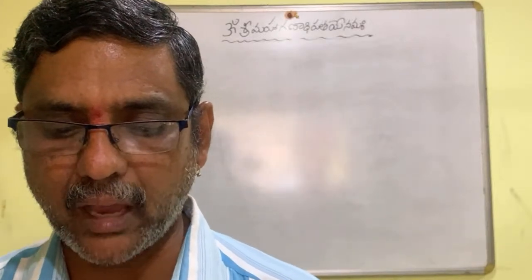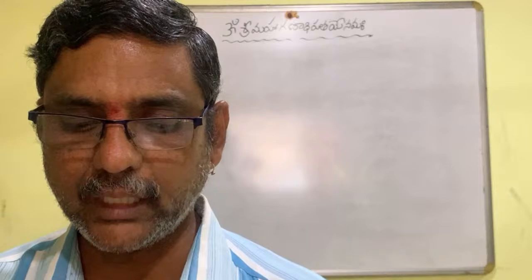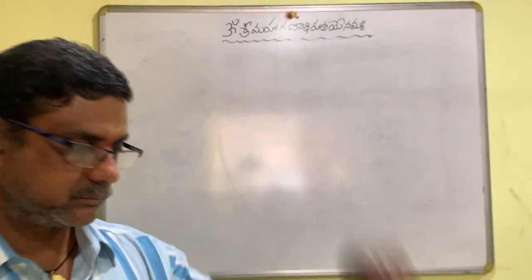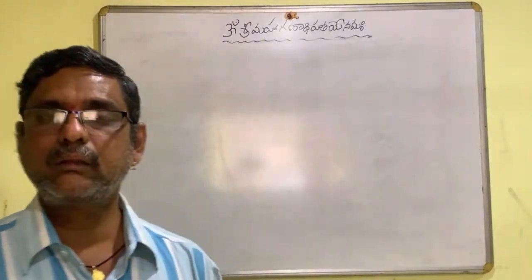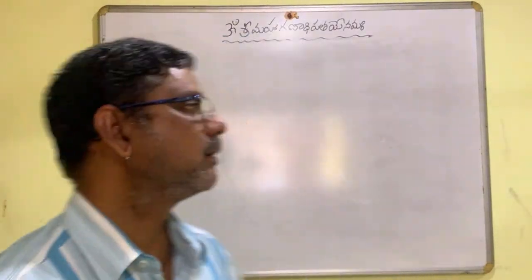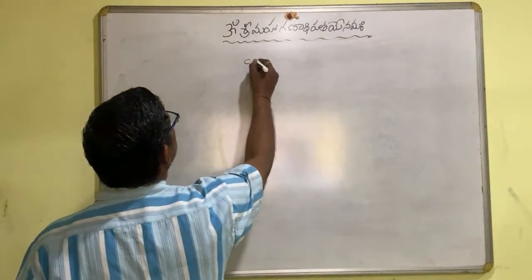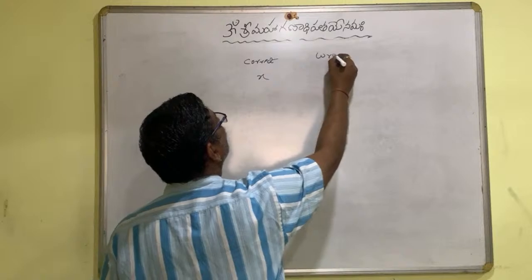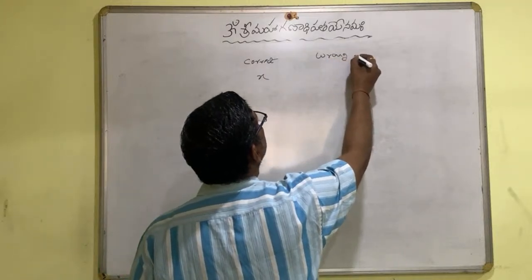Assuming Tara attempted all questions, find the total number of questions in the test. Okay? So correct questions x, wrong questions y.